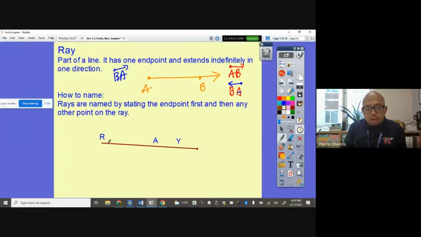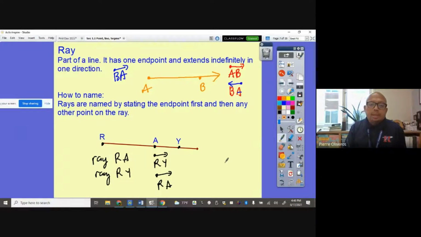Okay? So if I have a point R, A, Y on this ray, you can say ray RA, you can say ray RY. Or you can have a ray on top of this, you can say RY. This will be ray RA. But what you cannot have here is ray AY.